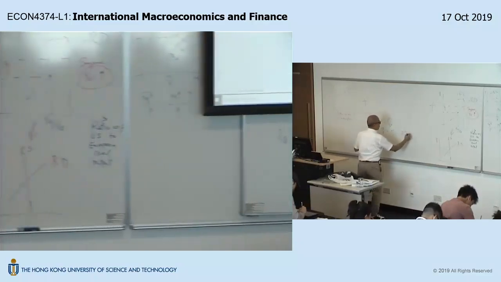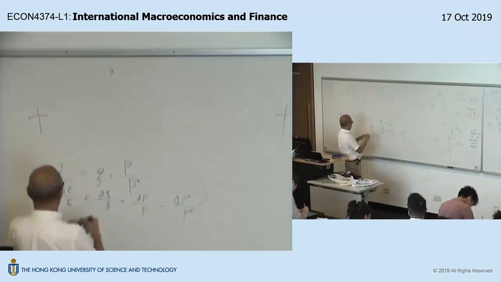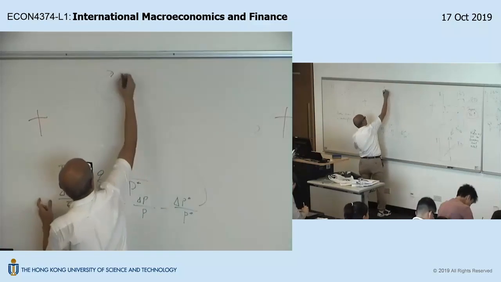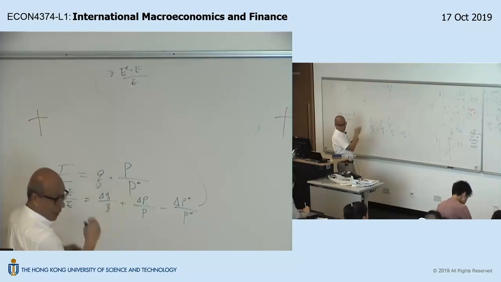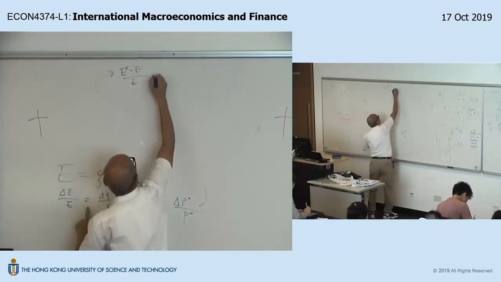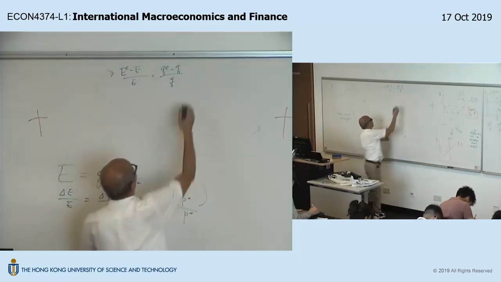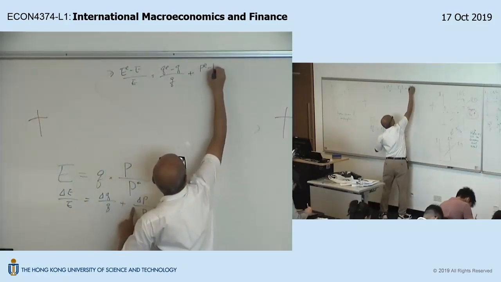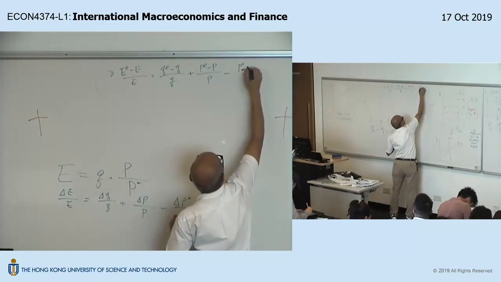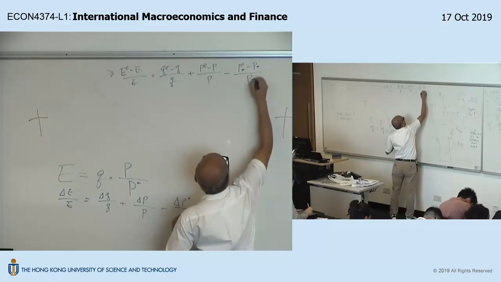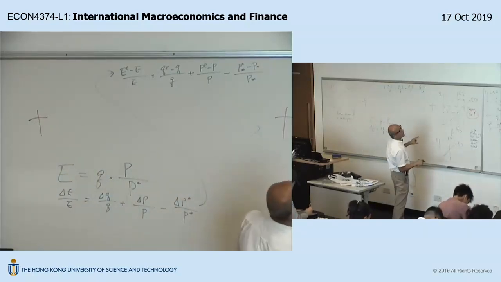The expected percentage change in E would be the expected percentage change in Q plus the expected percentage change in P minus the expected percentage change in P star, which is equation 1, I think. I hope it is.